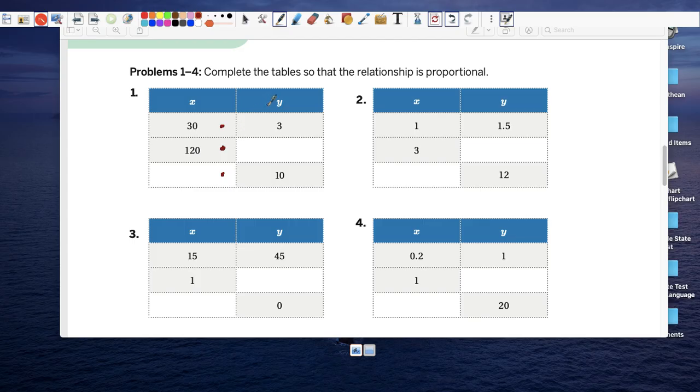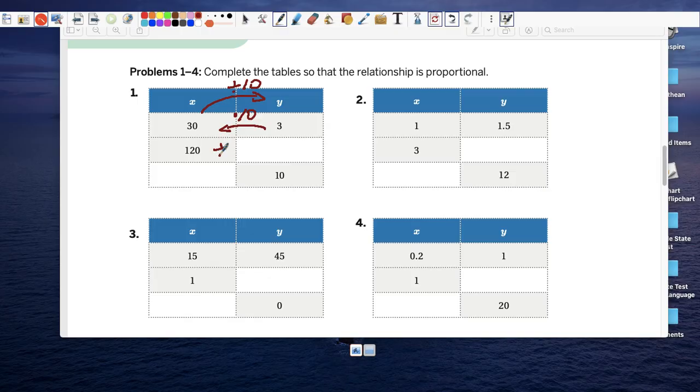Let me find this going the other way, because it's easier. 3 times what is 30? It's times 10. So going this way, 3 times 10 is 30. Going the other way, it would be divided by 10. Agreed? So 30 divided by 10 is 3.